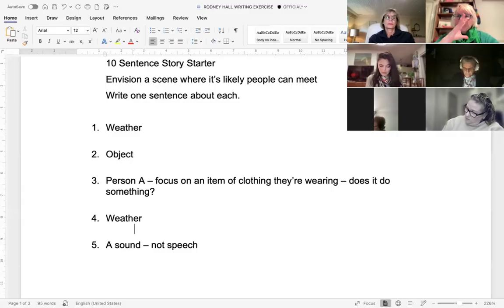So we're painting a full picture. And every sentence we write adds to the feeling and the tone of the scene.